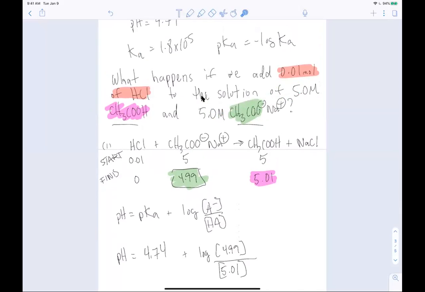If I add in a little bit of acid, what's going to happen is that's going to consume a little bit of the base. And I just need to keep track of what that is.